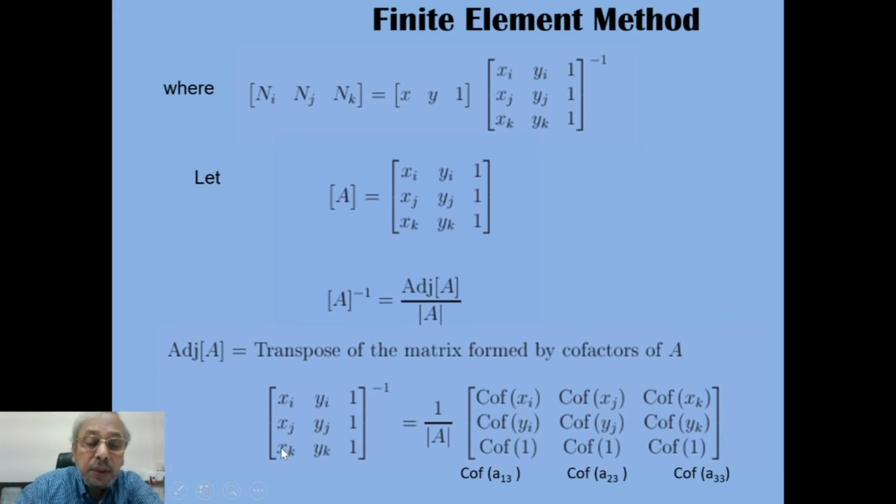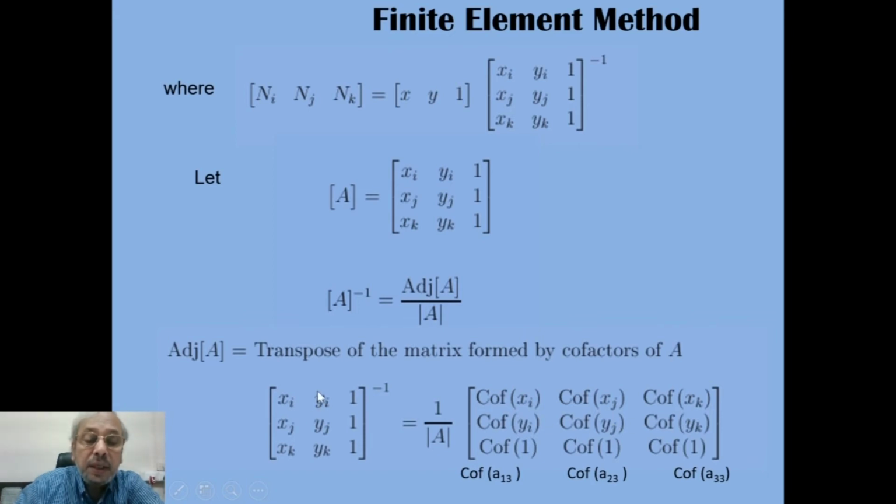Third row A31, A32 and A33. So here when we write the first row in the adjoint matrix, that will be the cofactor of xi. First row will be cofactor of xi, then cofactor of xj and cofactor of xk. So we have exactly written that.